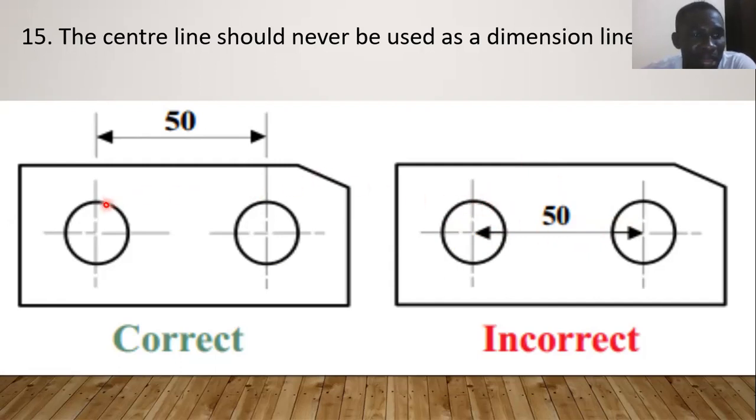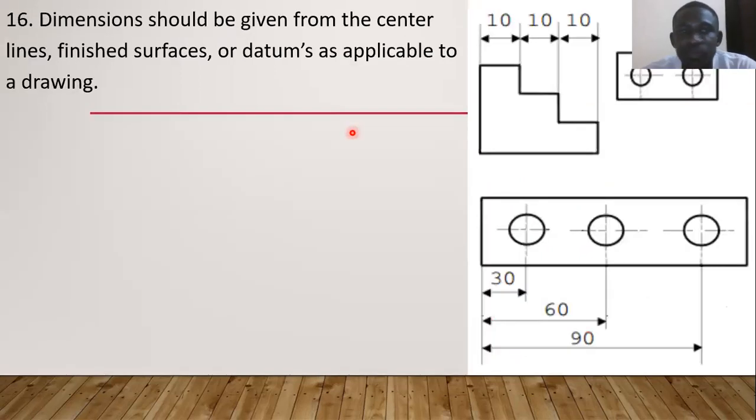Rather, the right thing is to draw two extension lines, this one over here and then this one, indicating the centers of the two holes. So this one on my right is incorrect. This one is the correct one.